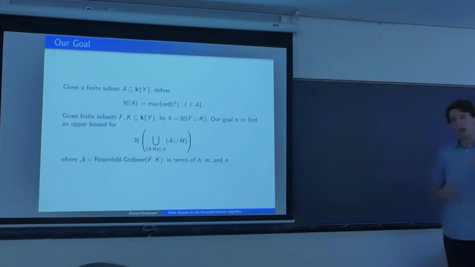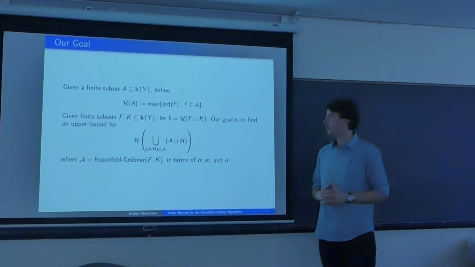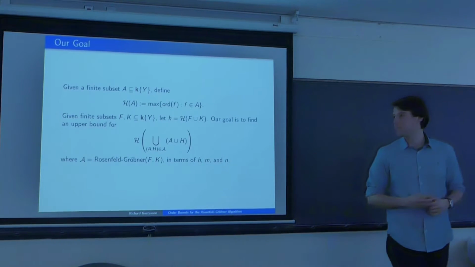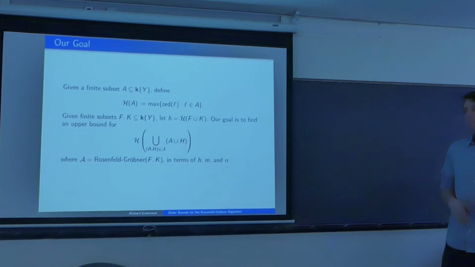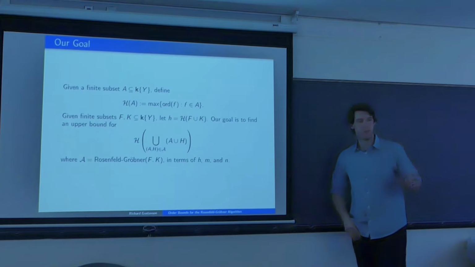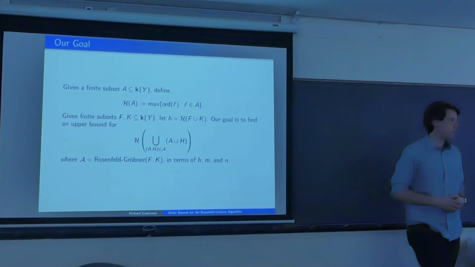So what's our goal? That's the setup. If we have some finite subset A, we let a(A) be the order of A. We take all of the elements F in A, look at the order of F, and take the maximum order.